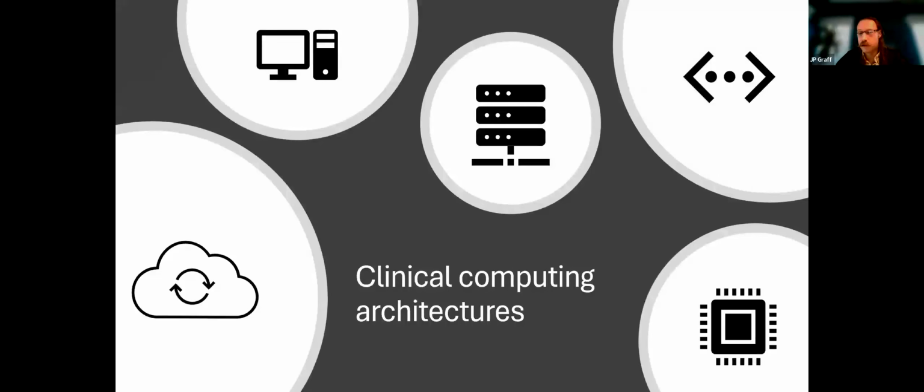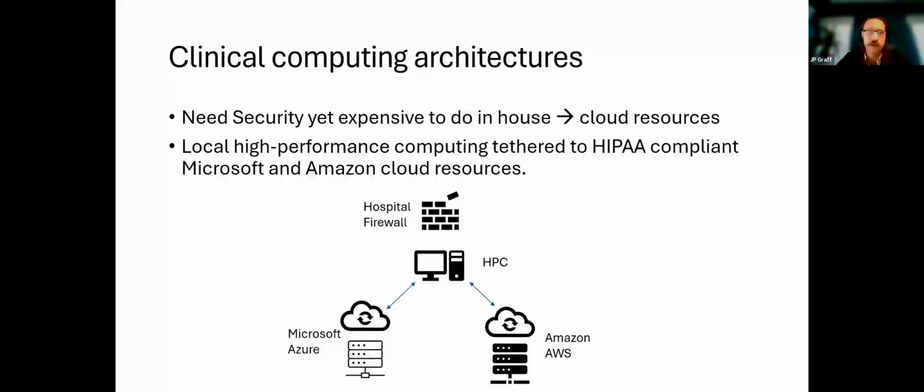With the clinical informatics part, we have a little specialty in the clinical computing architectures for the health campus. As you can imagine, the word HIPAA comes up pretty fast. When you want to do research on patient data, we want to give you a secure environment to do that.